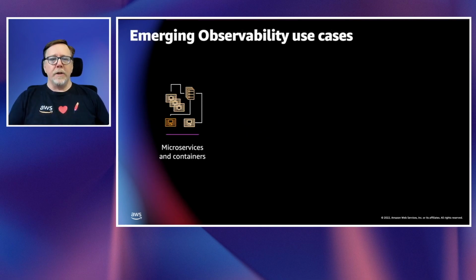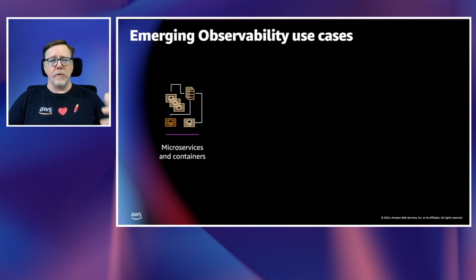We have a number of different workloads and use cases where observability is really emerging as a very important tool. Microservices and containers, and especially the move to a service-oriented architecture, is driving a lot of need to understand how your application is performing and how your services are performing within that application.